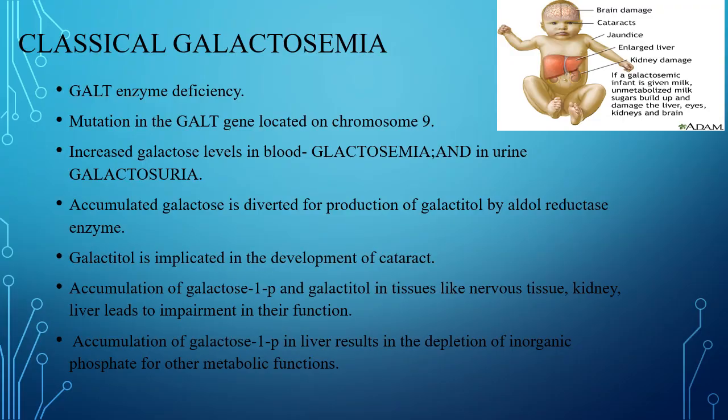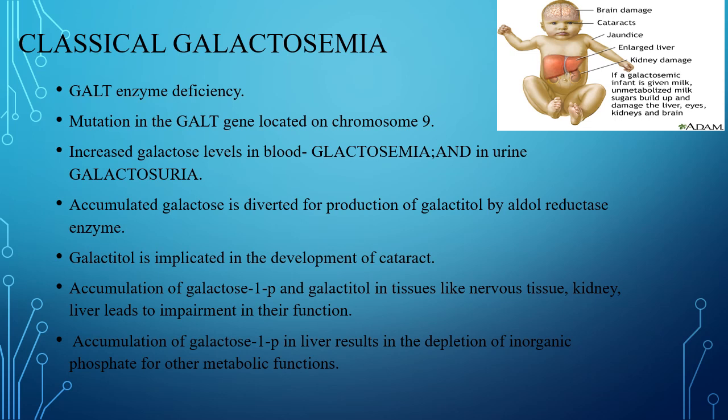So coming to the clinical features of galactosemia, as mentioned, it is because of GALT enzyme deficiency, and the mutation is in the GALT gene, which is located on chromosome 9. Because of this, there is deficiency in galactose metabolism.